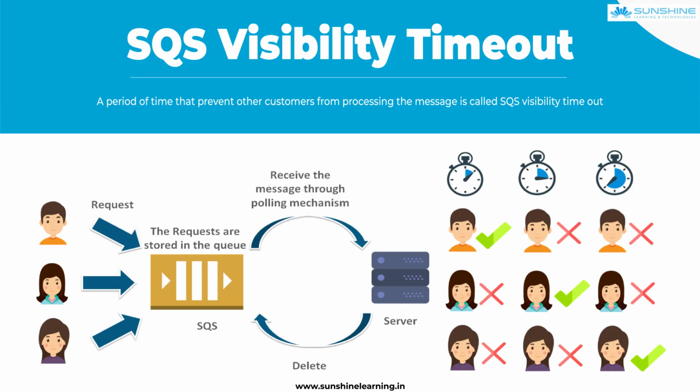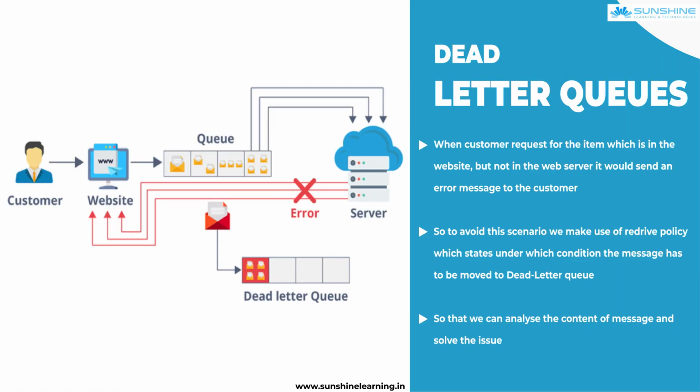Coming to the next part of SQS, the dead letter queues. Now what you can do on SQS is configure a dead letter queue also. What is the functionality of a dead letter queue? For example, let's say for any reason a backend server or application is not working correctly, or the company is out of stock but their products are still being displayed on their website.